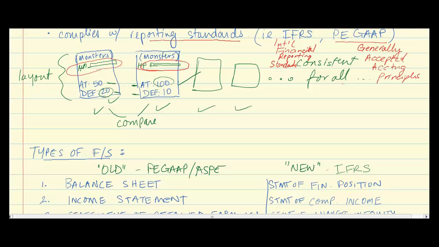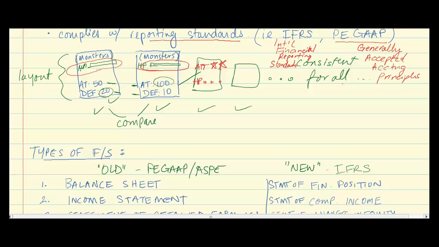Without this consistent format, if HP was all of a sudden not mentioned, or if it was mentioned in a different format, not a bar but dots or something, and if I had attack, rather than a number, number of stars or something like that, how could I possibly compare one type of monster to another?